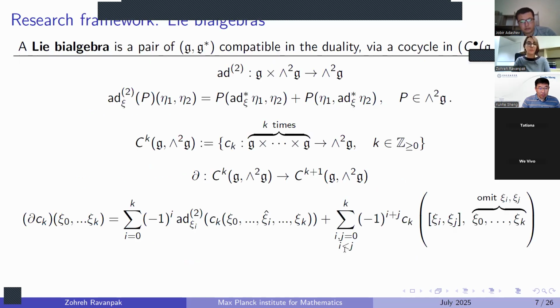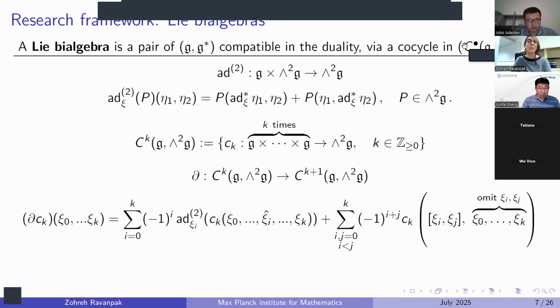So let's have a brief review of Lie bialgebra. The main ingredient for this work is a Lie bialgebra, which is a pair of Lie algebras compatible in the duality via a cocycle.